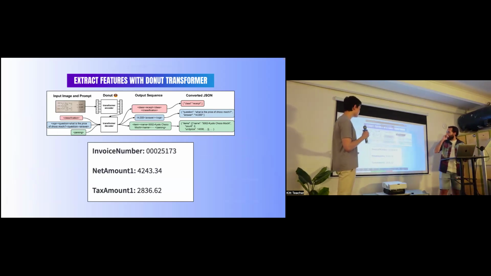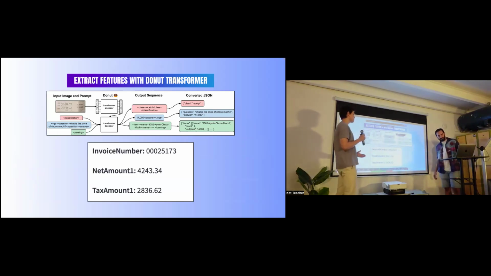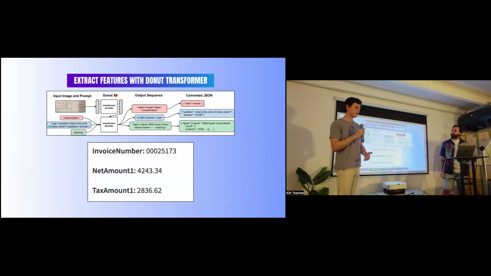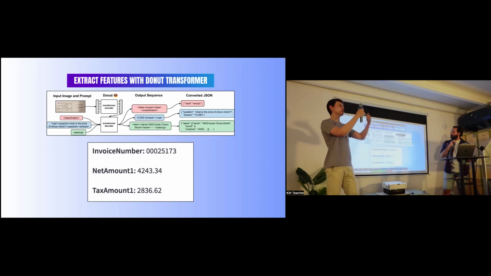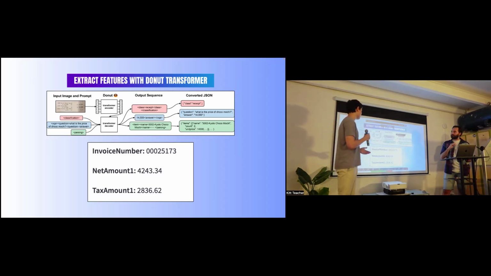Second model is called Donut, which is a pre-trained model trained on invoices, which serves as a safety net where, because LLMs are not really reliable to this day, it also provides the right information, so that we have two sources of information and can filter out and see which one works.